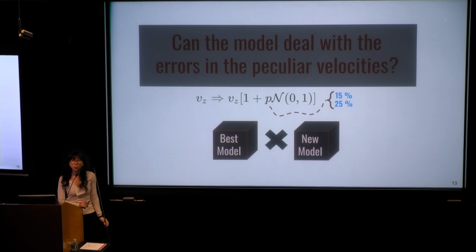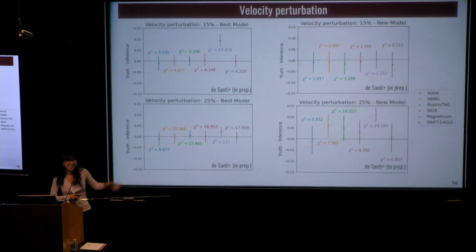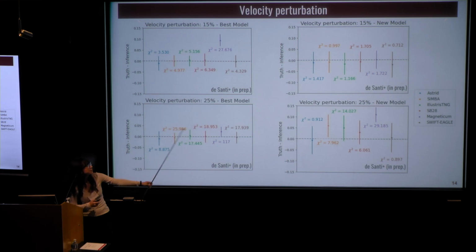And then we are checking whether the model trained considering all the galaxies without any error in the velocities is working. So all the plots on the left correspond to the best model applied to these catalogs, and all the results on the right correspond to a new model trained already using this difference in the velocities. That's what I mean by left and right plots.